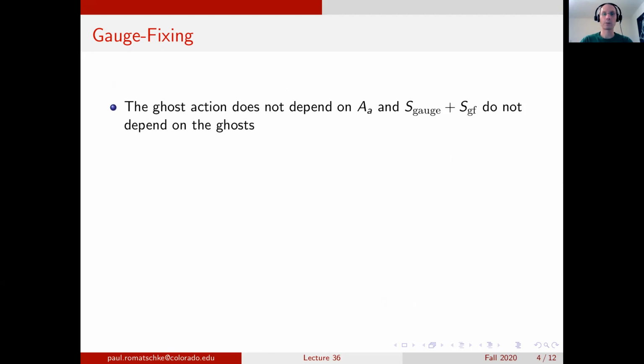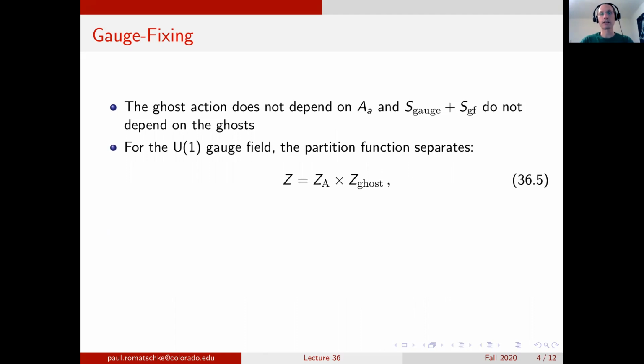The ghost action does not depend on A, and additionally, the gauge part of the action F_AB and the gauge fixing part of the action, which is (∂A) squared, do not depend on the ghost fields. This is nice because that means that for the case of the U1 gauge field, the partition function separates into two contributions: the part that is just the path integral over the gauge field and the gauge fixing condition, and the part that is just the path integral over the ghosts.